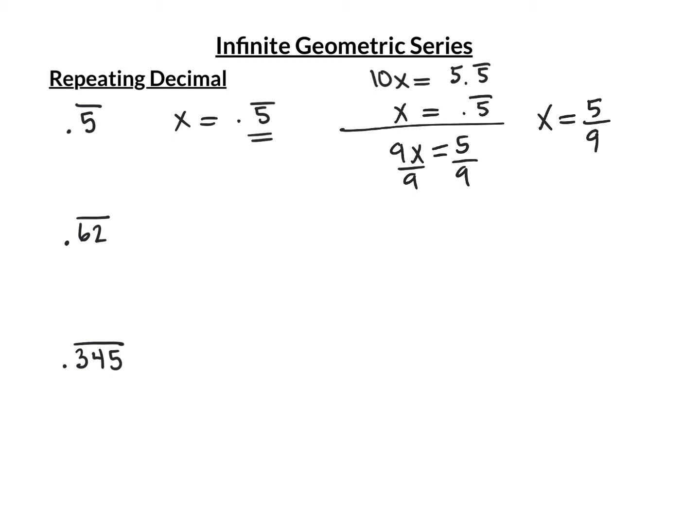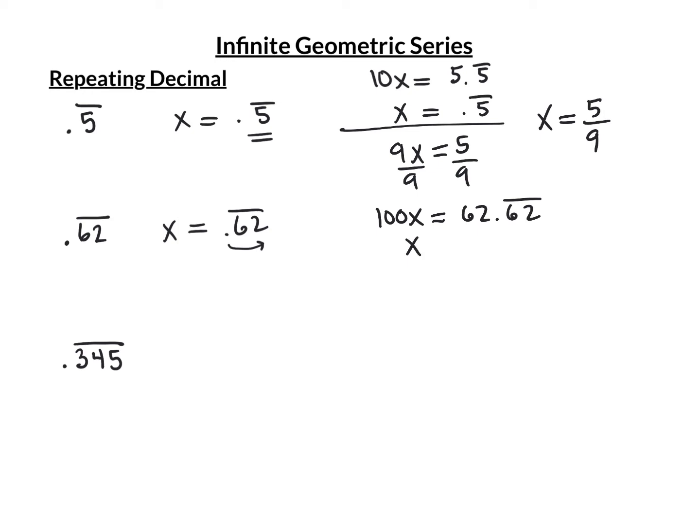If we wanted to make 0.62 a fraction, we can call x equal 0.62 repeating, and I'm going to multiply by 100 because there are 2 places that repeat. Move the decimal 2 places. This becomes 100x equals 62.62 repeating.